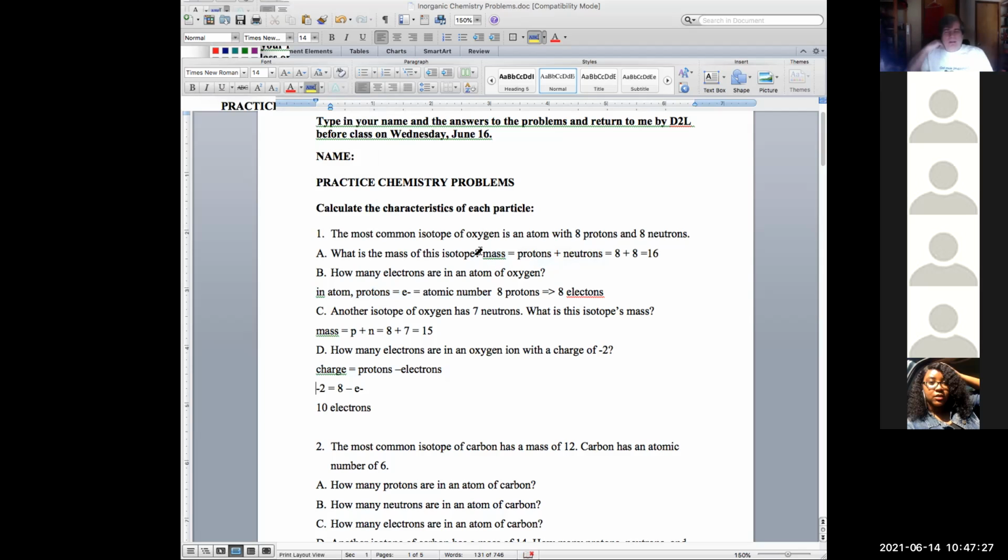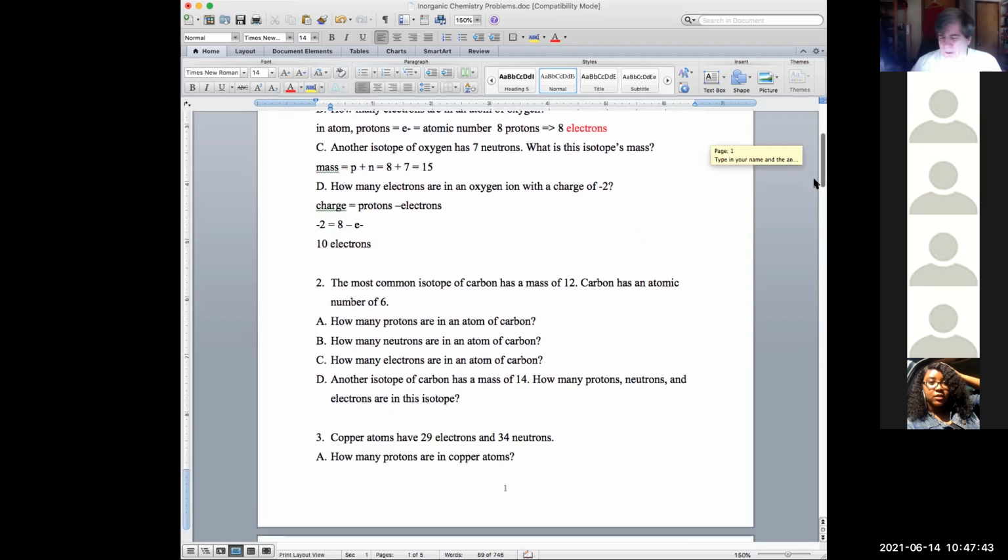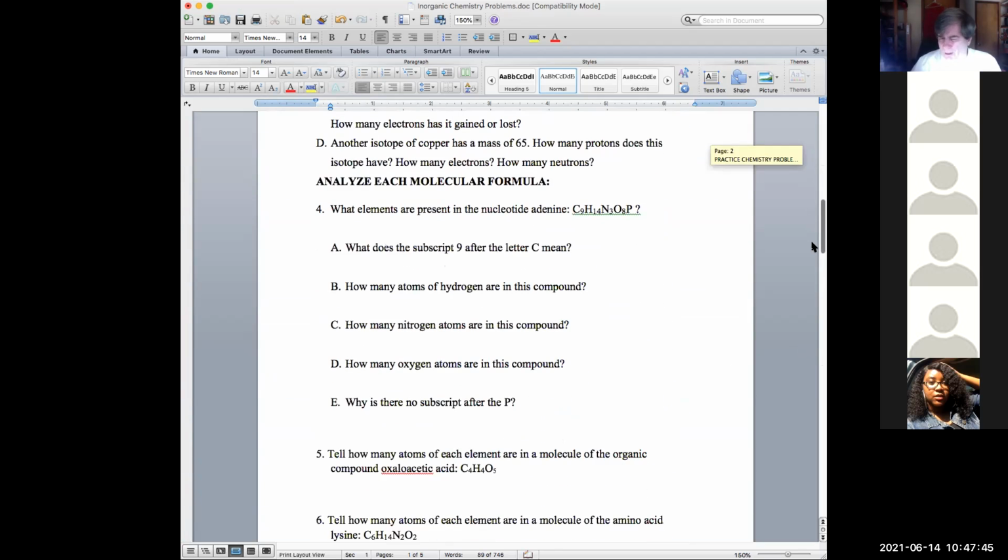So with each problem, we have to read and see what information the problem is giving us. So when we do that, that will be our key. So there's a couple of these for you to work.